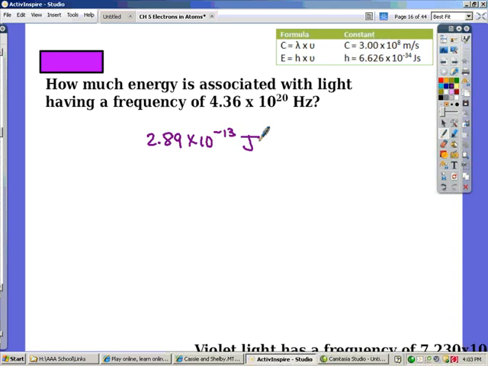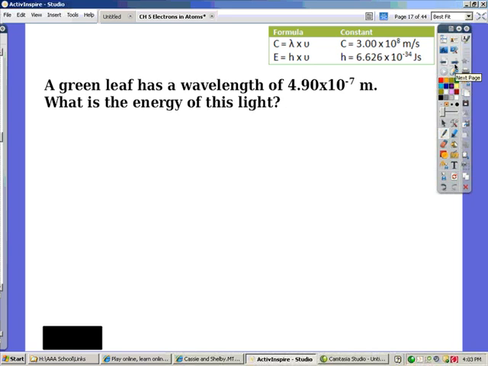Well, now we've shown you how to use the speed of light formula to go between wavelength and frequency. And I've shown you how to use the energy formula to go between frequency and energy. What if we had a problem that was going between wavelength and energy?